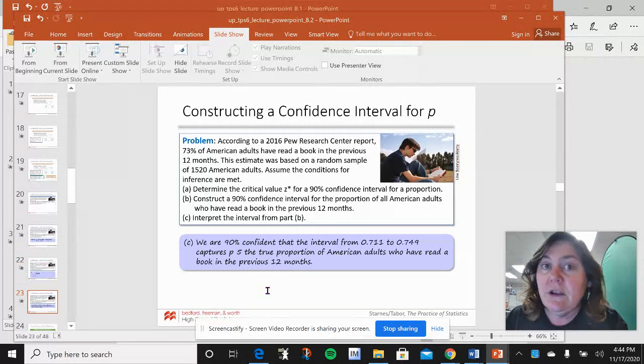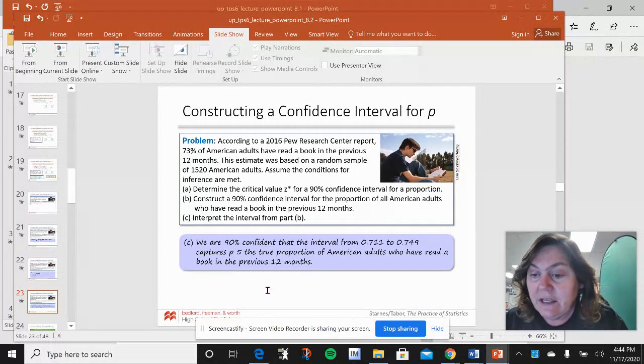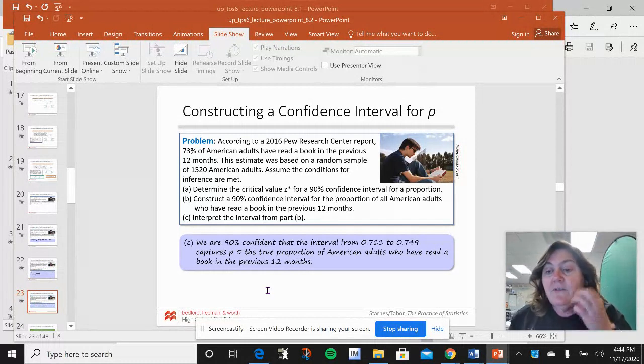This is how you will start every single confidence interval answer. We are 90% confident that the interval from 0.711 to 0.749 captures, well, that should say, I'm not sure why it says p hat. Sorry about that. It should just be the p, the true proportion of American adults who have read a book in the previous 12 months.